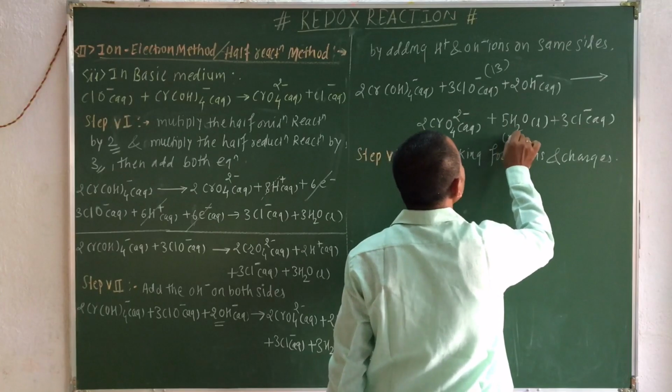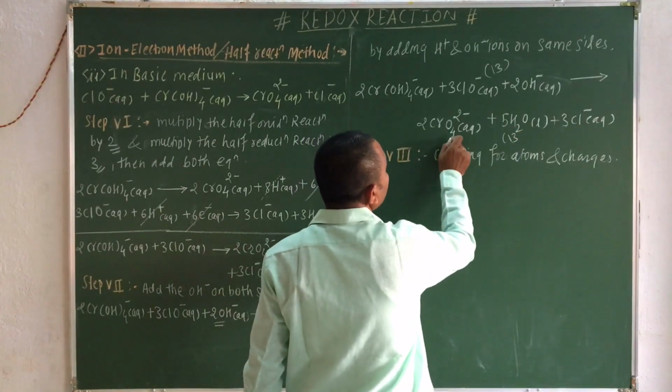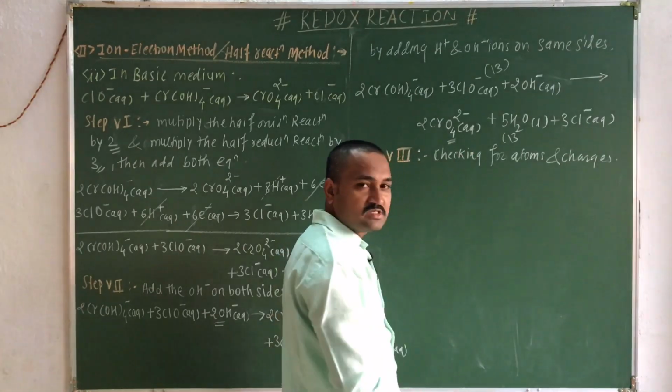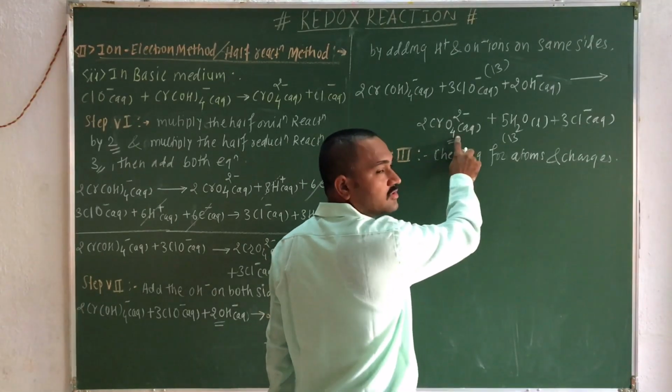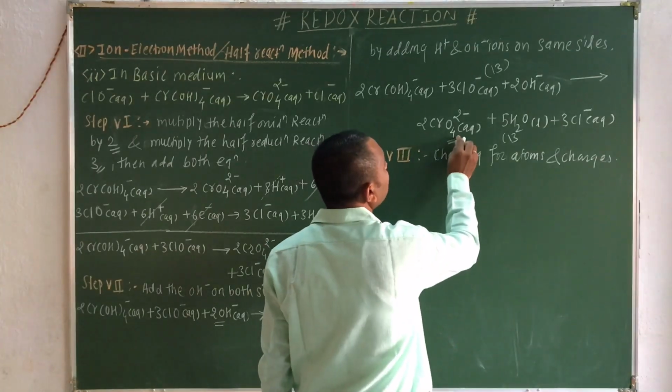So all oxygen atoms are balanced. In the previous step I made a mistake: I forgot to write the 4 times 1. So just make it correct.